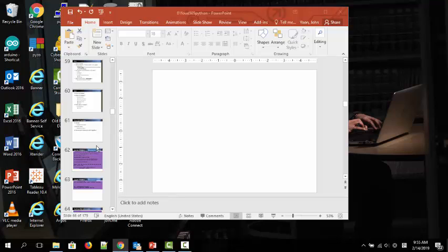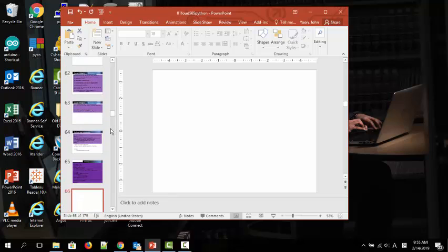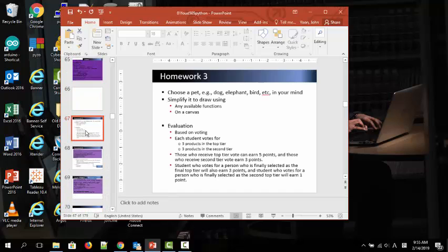I wanted to read and practice the slide, but what I'm going to do today is look at homework 3. By having this homework 3, you may understand all of the things that we are trying to do.